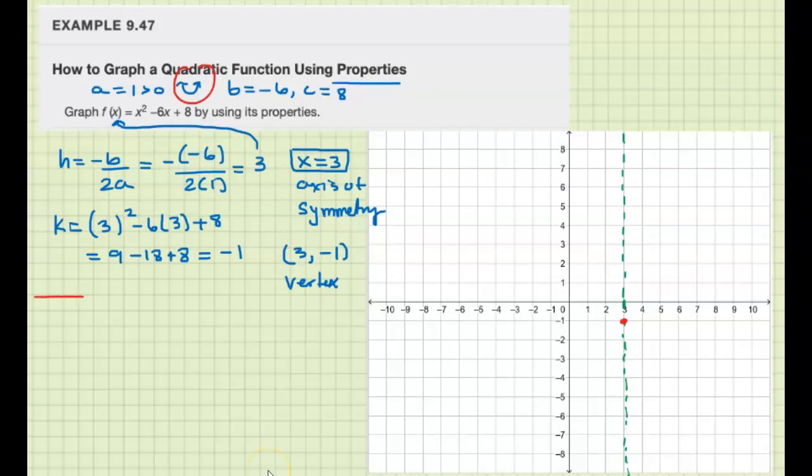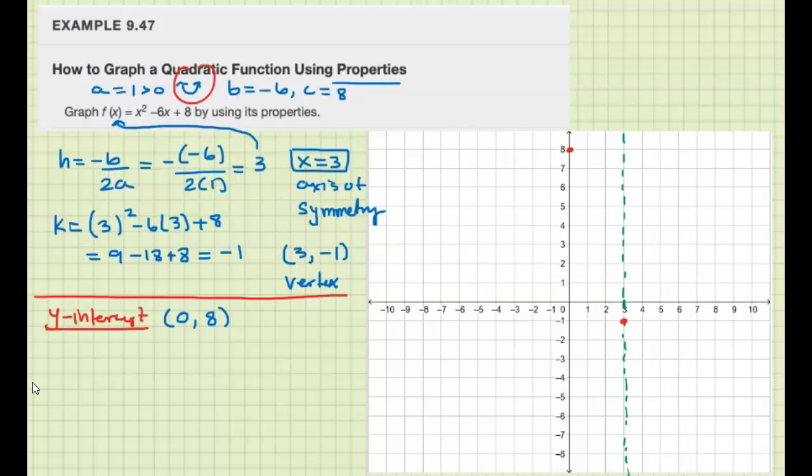All right, we're going to find the intercepts. Okay, so the y-intercept. We're going to plug in x is 0 in here, so we get 0, 0, 8. Okay, so the y-intercept is 0, 8. Right, so it's going to be up here. Now the axis of symmetry you can use to get another point.